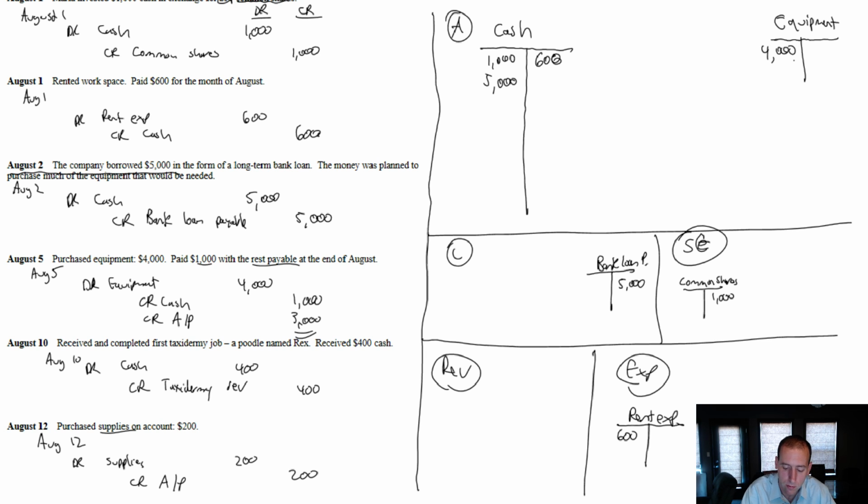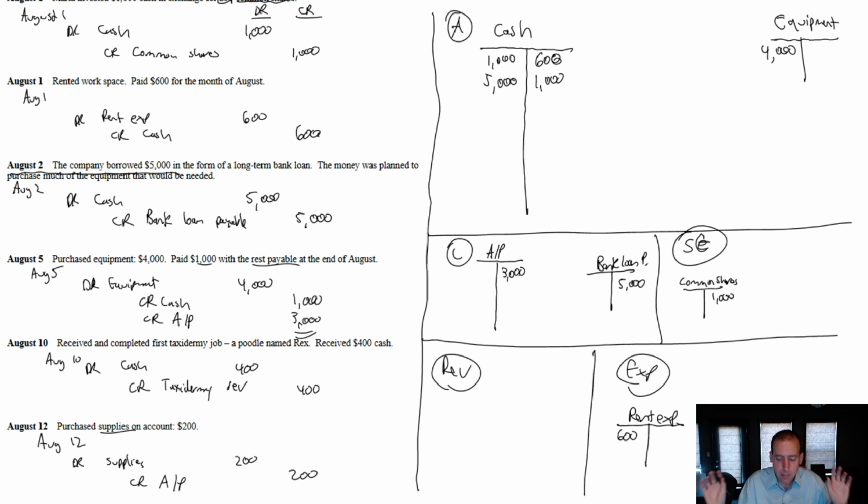Debit equipment for 4,000. Sorry, what was next? Credit cash for 1,000 and credit AP for 3,000. AP, I'm going to need a fairly large or long T, and I'm crediting it for 3,000.